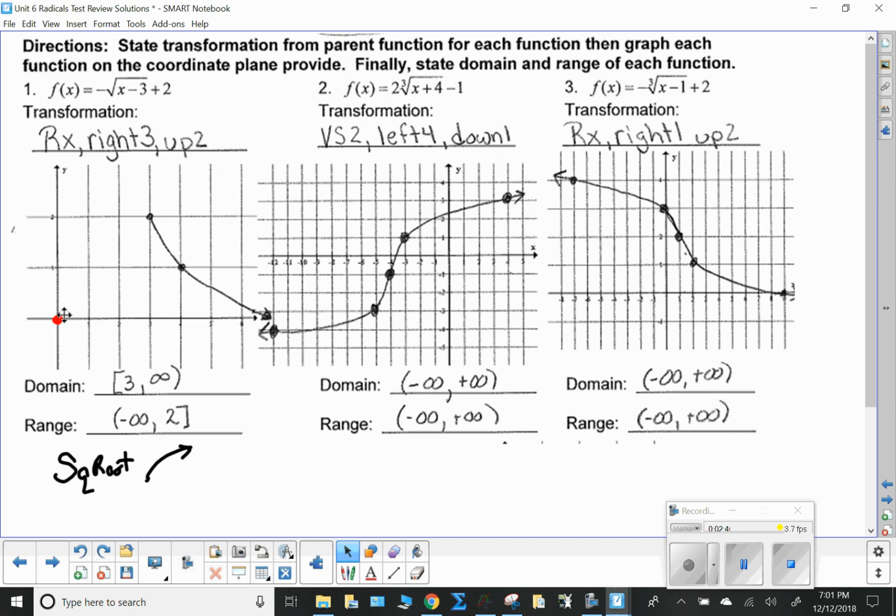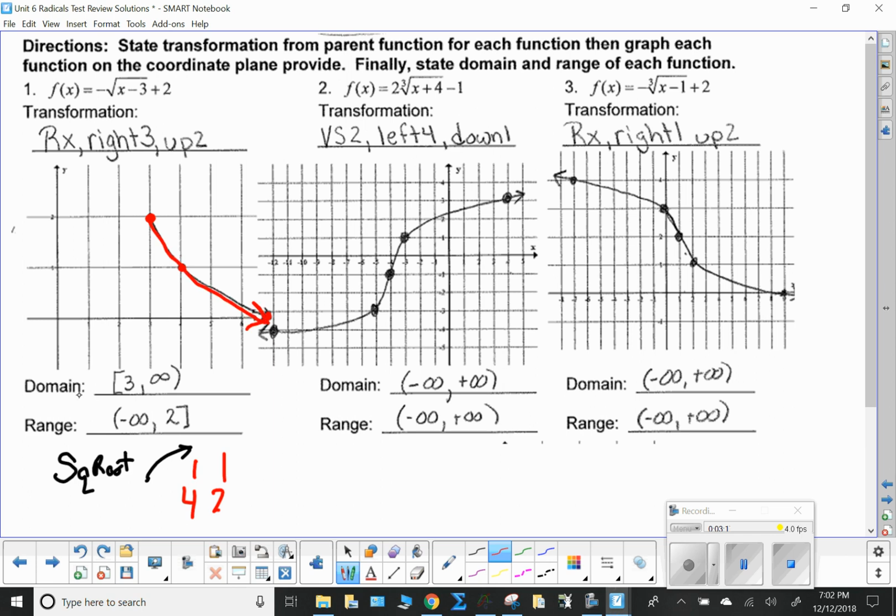Now, I said that I'm going to go right 3 and up 2, so I put my point there. Now, I know that my pattern is 1, 1, 4, 2. Well, because it's reflected, I'm going to go down instead of up. So right 1, down 1, right 4, down 2. And then I'm going to connect with my smooth curve.